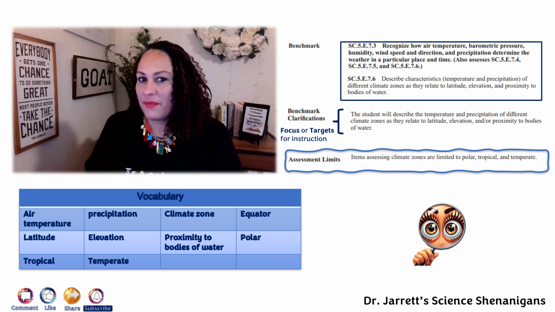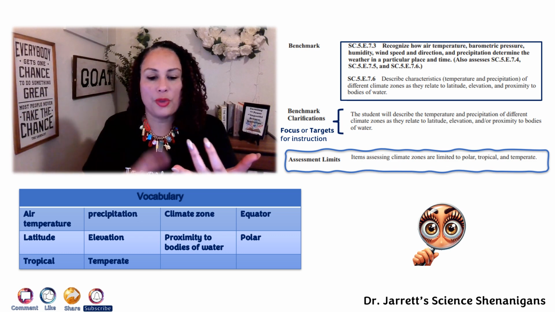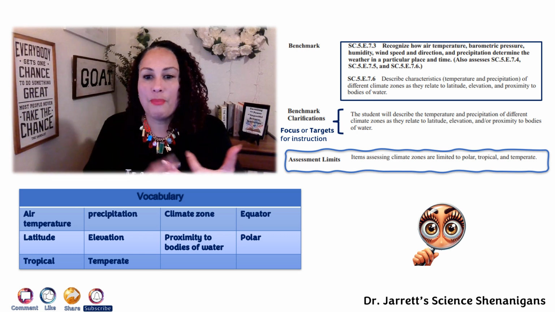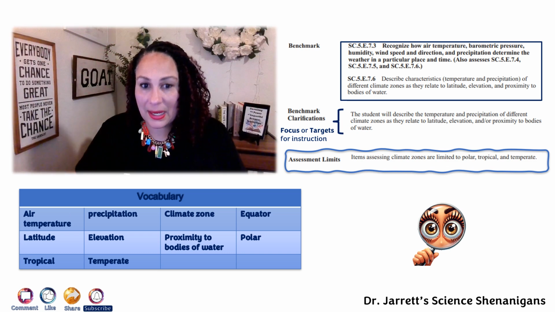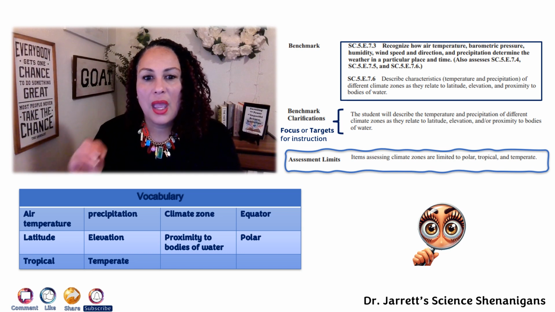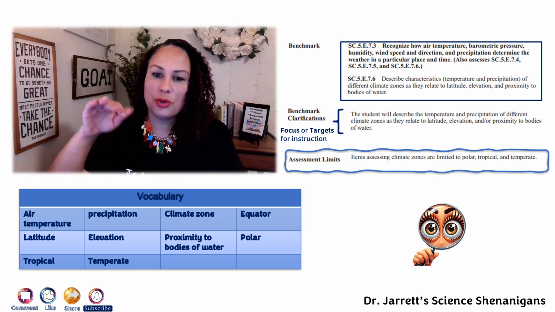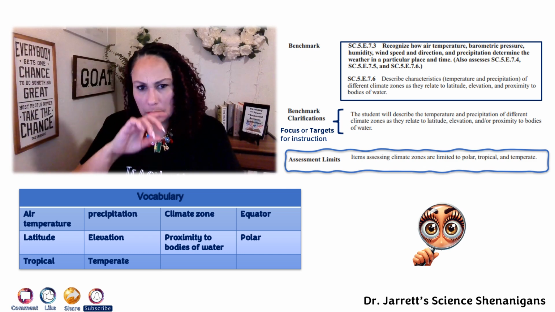If they do not have that background knowledge, this is where you're going to have to show them videos, show them pictures, have maps up on the walls and look at the map, refer back to those maps so that the students can understand about the latitude. Elevation, the higher you go, the colder it gets.